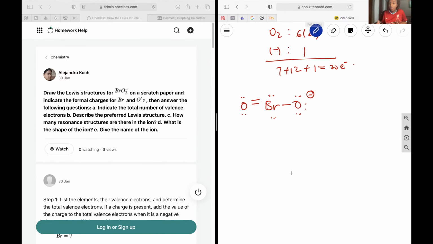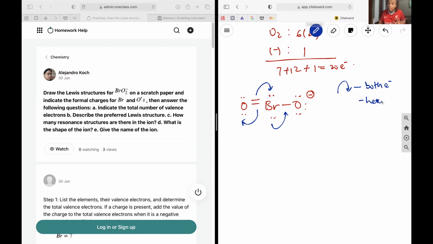And so, are there any other ways that I can place the electrons and have a different Lewis structure, but that is permitted? I can see that rather than having the 2 bonding pairs here, I can move one bonding pair back to the oxygen, right? Move this bonding pair onto bromine, and move one of these lone pairs onto this. And just so you know, a double-headed arrow means I am moving both electrons.